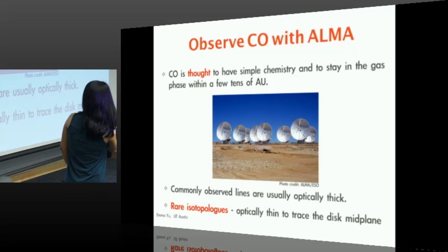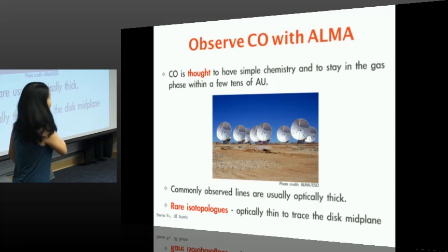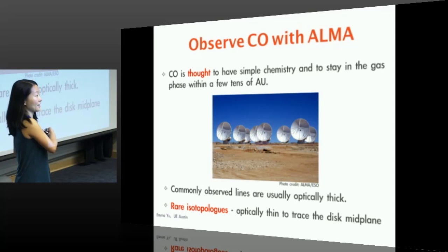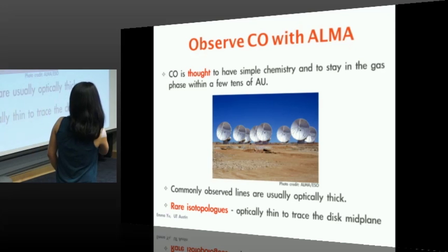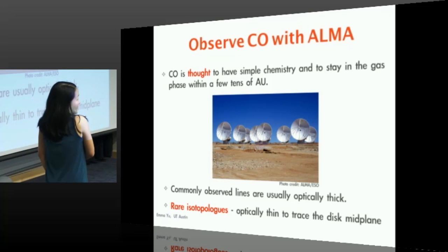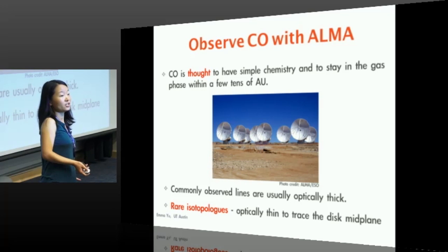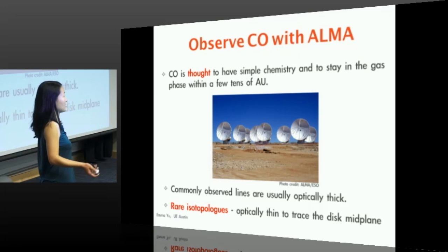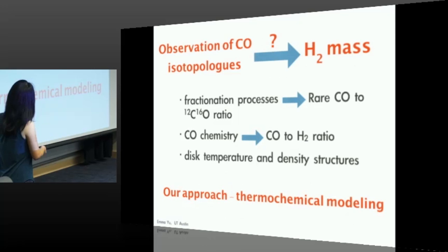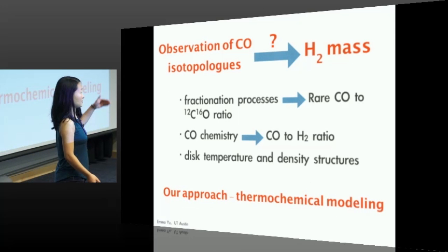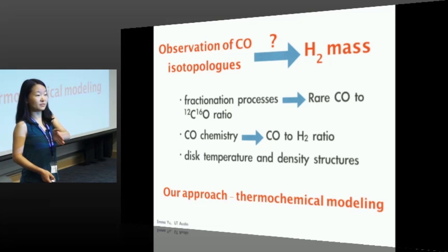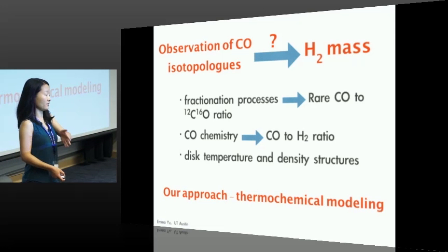And even though typical commonly observed CO lines from regular CO are awfully thick, we can still observe rare isotopologues, say 13CO, C18O, and C17O, and they could be optically thin to trace the disk midplane and therefore the entire mass budget. However, to translate our observation of emission to the actual disk mass, mostly in H2, is a very non-trivial process.